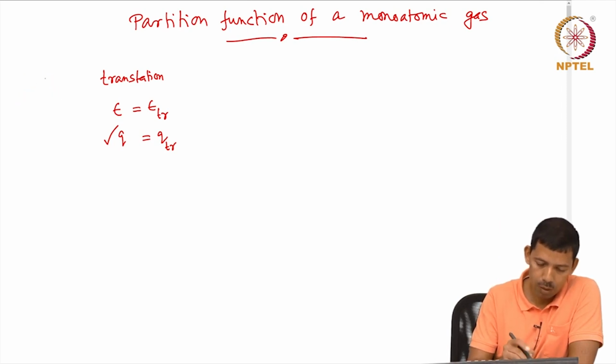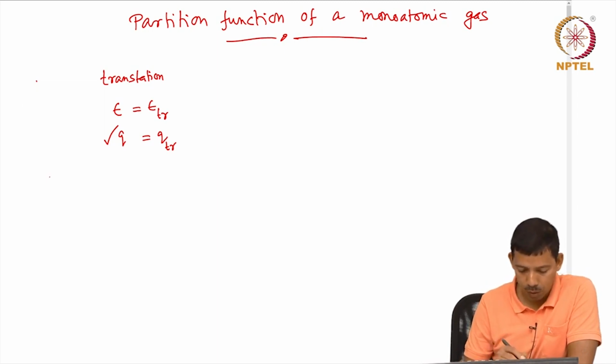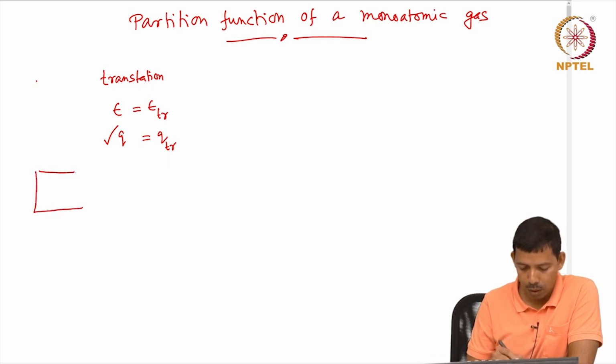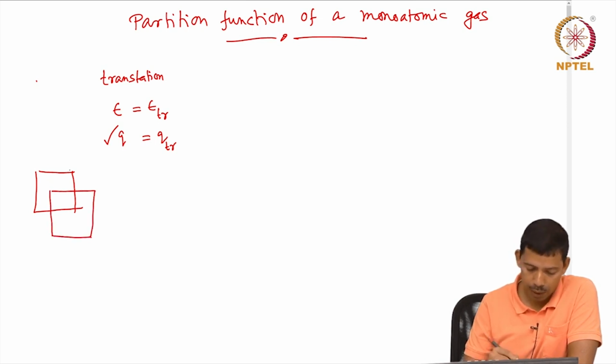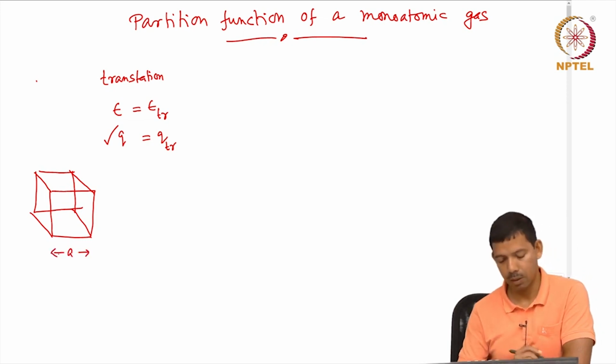Our system is this: we assume that our gas is contained in a cubic box of length A, and our monoatomic gas is kept in here.